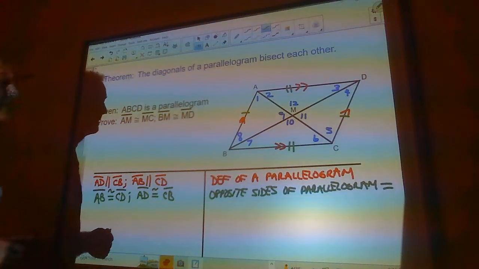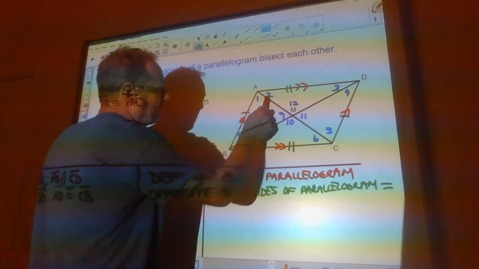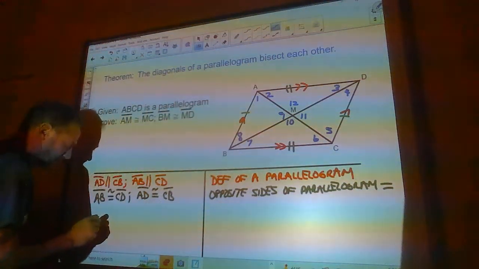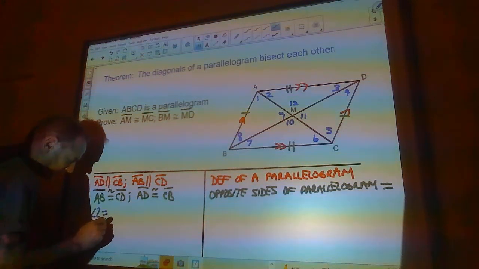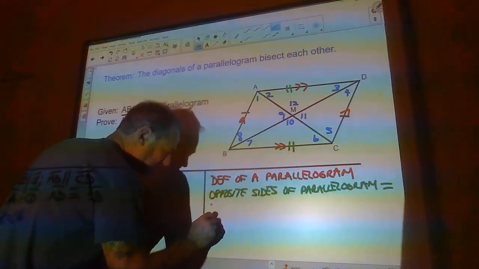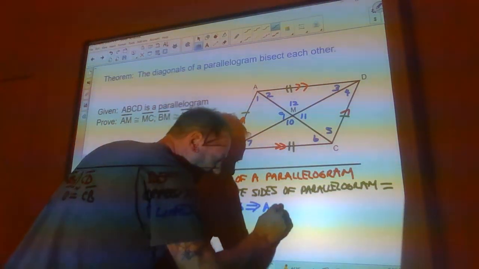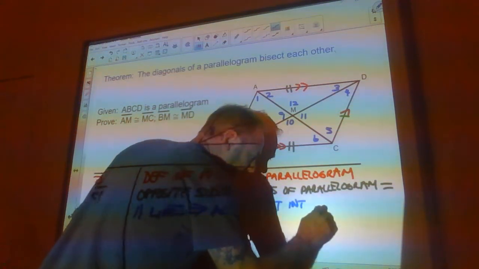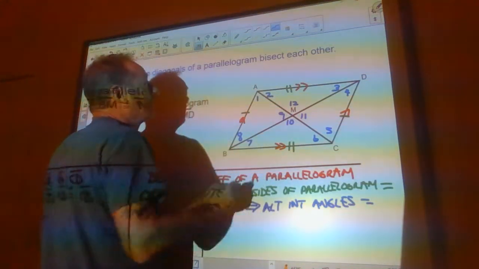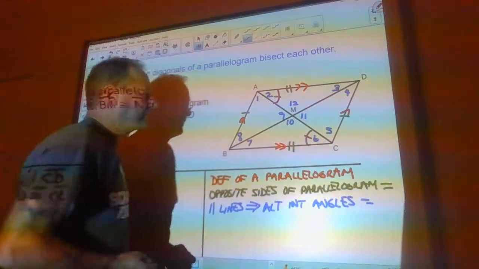So I've got those two sides. Oh, I can say that angle 2 and angle 6 are equal. Angle 2 is equal to angle 6 because they are parallel lines, which imply alternate interior angles are equal.